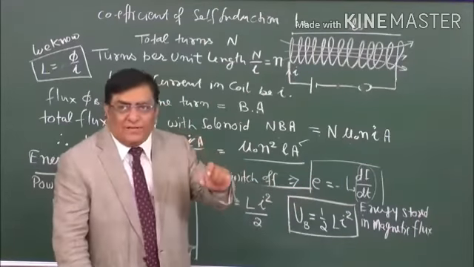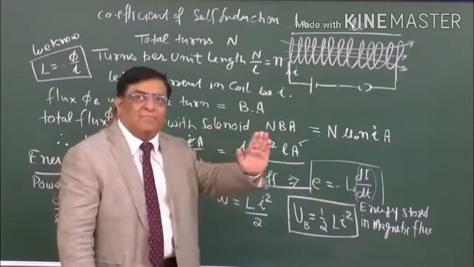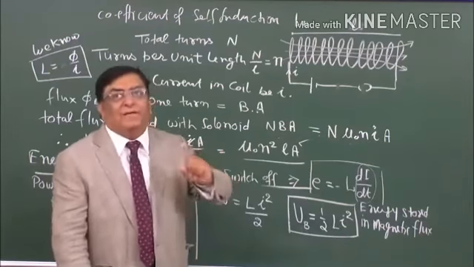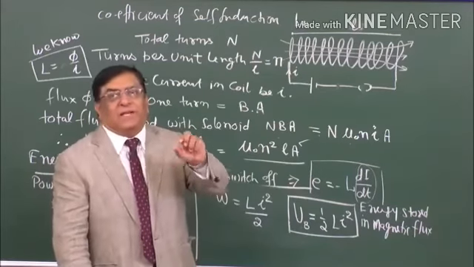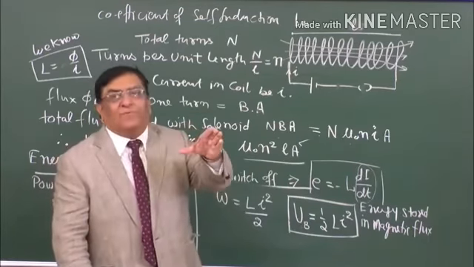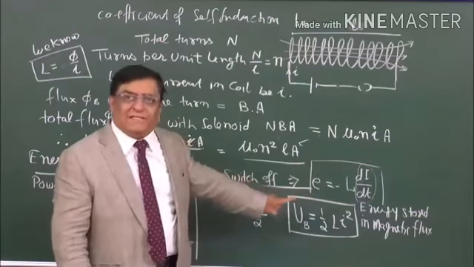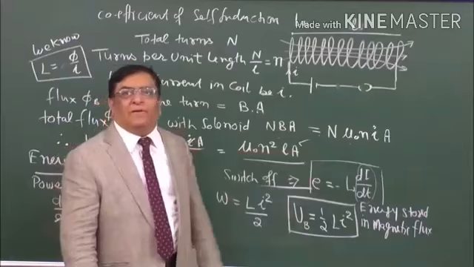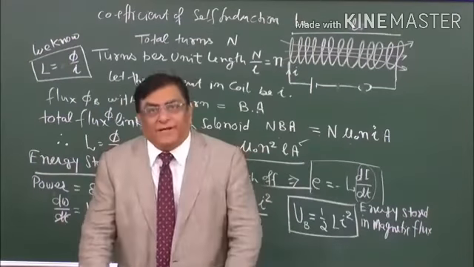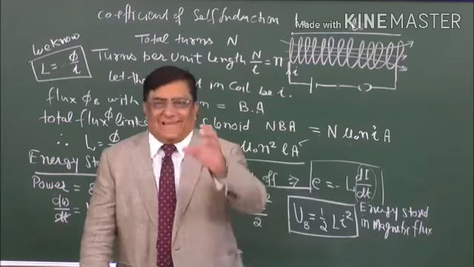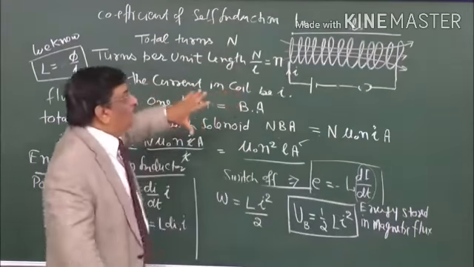L is constant, I is variable. So it has the same type of sequence. In the spring, it is half k x square. K is the spring constant, x is the displacement we are increasing. So this is a standard format of energy. In this, where is energy stored? In the magnetic field. In a capacitor, it is stored in the electric field. In the spring, it is stored as the mechanical energy of compression. Okay, so this is all about self-inductance.